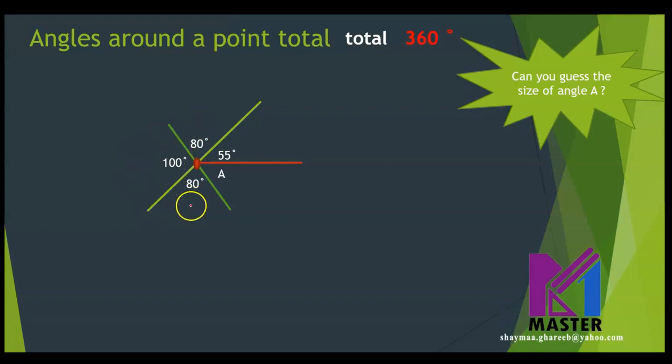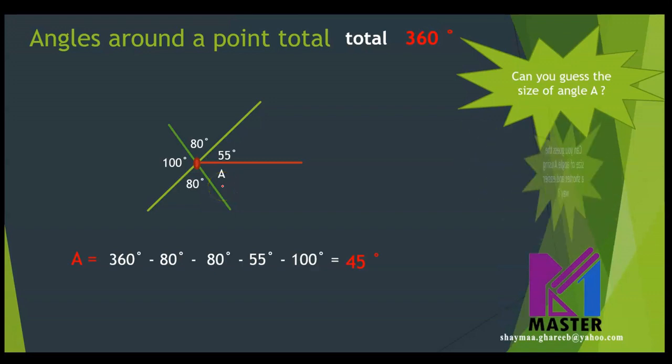So I have two 80s, one angle is 100 degrees, one angle is 55 degrees, and one angle is angle A. So I will start by subtracting all these angles from 360 degrees. 360 minus 80, then minus 80, then minus 55, then minus 100 equals 45 degrees. So the size of angle A is 45 degrees.